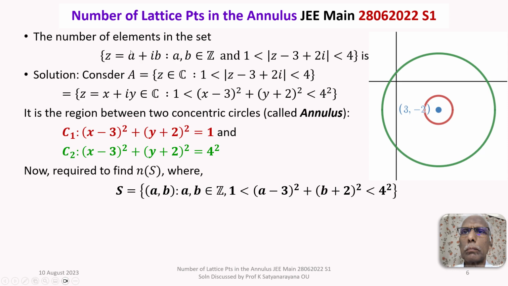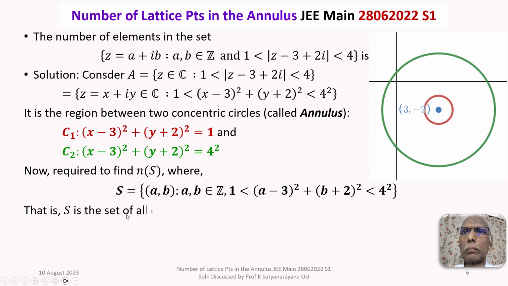So a + ib is written as the ordered pair (a, b) belonging to Z, satisfying this equation. Note down, a and b are integers: all those ordered pairs with integer components that lie in this annulus.